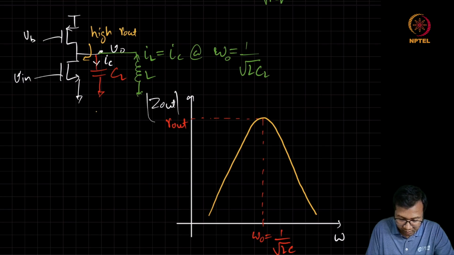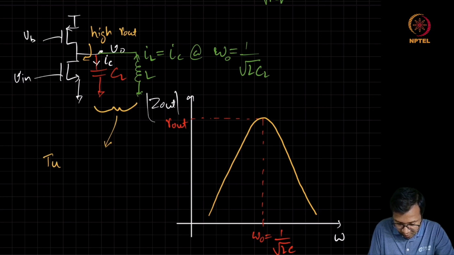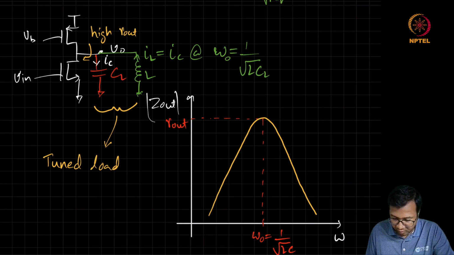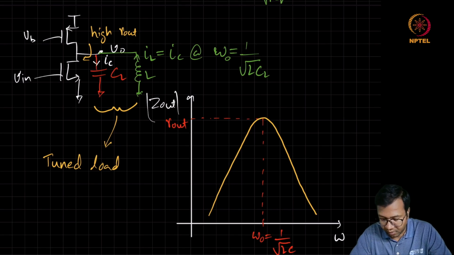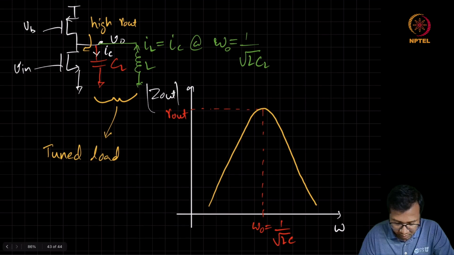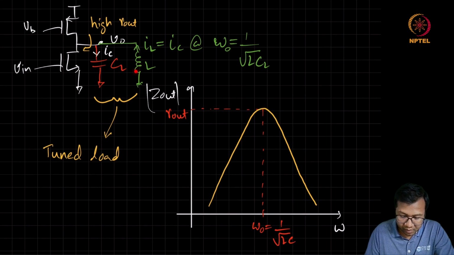This is also called a tuned load. Now we can tune the resonance frequency so that it is at the desired frequency of operation, so that we can get a higher gain. To further simplify this circuit, if this inductor is present, the inductor itself can be used to provide the DC current for the MOSFET biasing, and we can get rid of this active load.